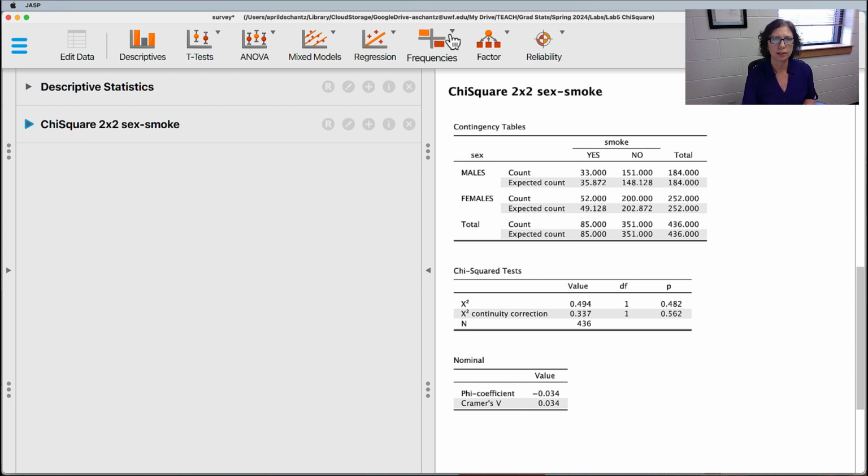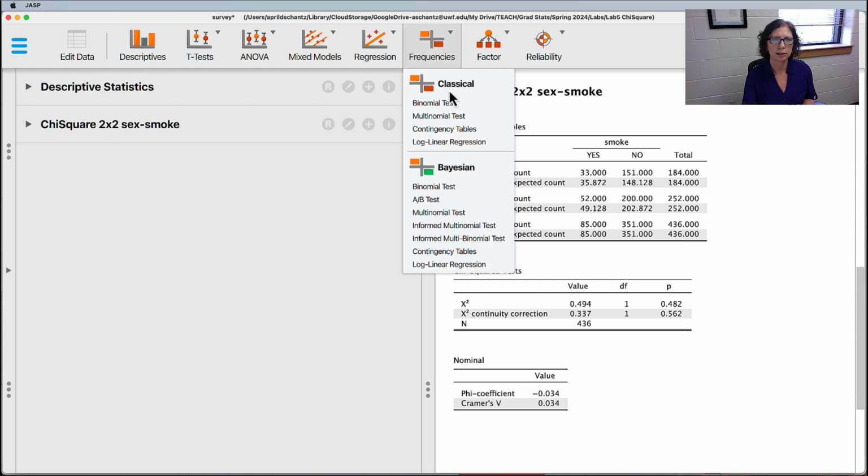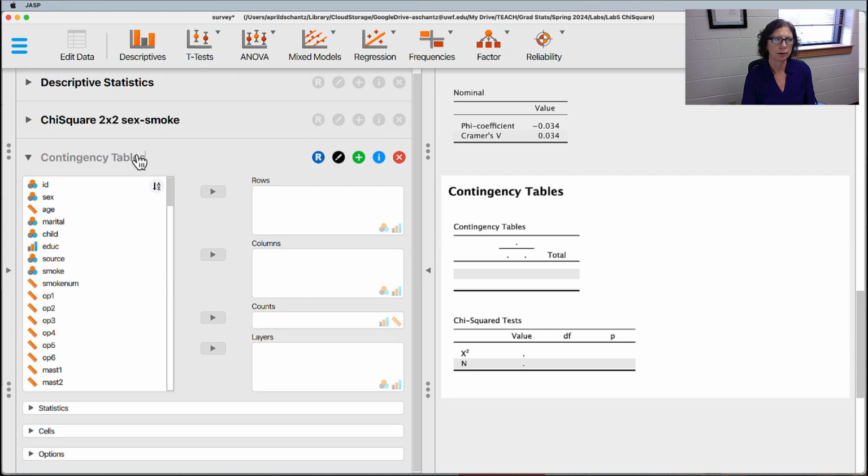And we're going to go to the same place, frequencies, contingency tables, and we can call this one our chi-square. This one has 9 different types of stress, but still only 2 smoking. So source by smoke.